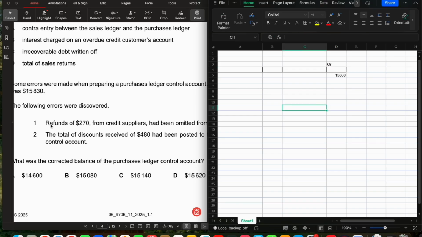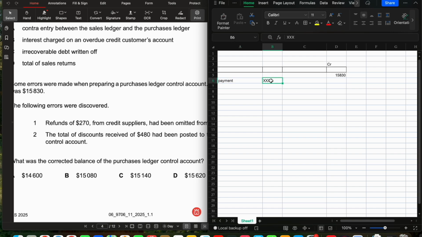The first one is a refund of 270 from a credit supplier. When we pay a credit supplier, we'll write it on the debit side because it will decrease my trade payable balance. So when we receive a payment, we'll write down the amount here.